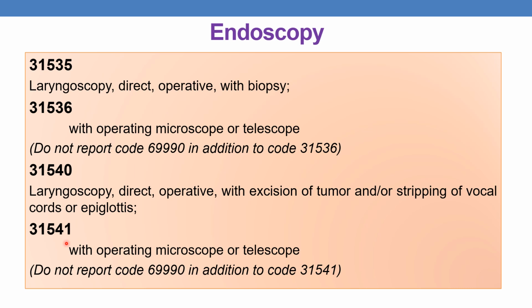It deals with laryngoscopy direct operative with excision of tumor or stripping of vocal cords or epiglottis with operating microscope or telescope. If that procedure is done with the help of operating microscope or telescope, then the reportable CPT is 31541. And whenever operating microscope is included in the code description, there you will find this. Do not report 69990 in addition to the code 31541.